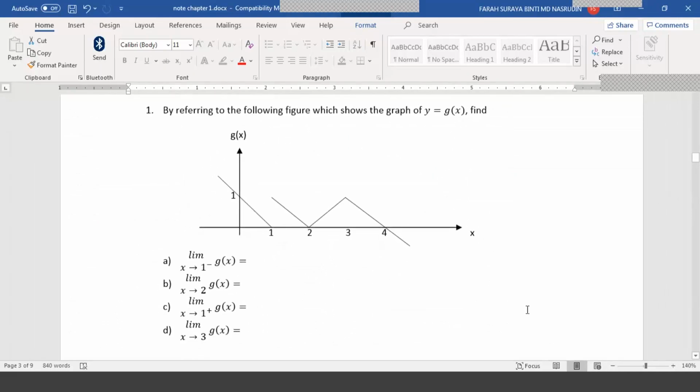Cuba tengok betul-betul graph of function. Okay, limit x approaches 1 from left. That function, what is the answer? Okay, apa jawapan dia tu?